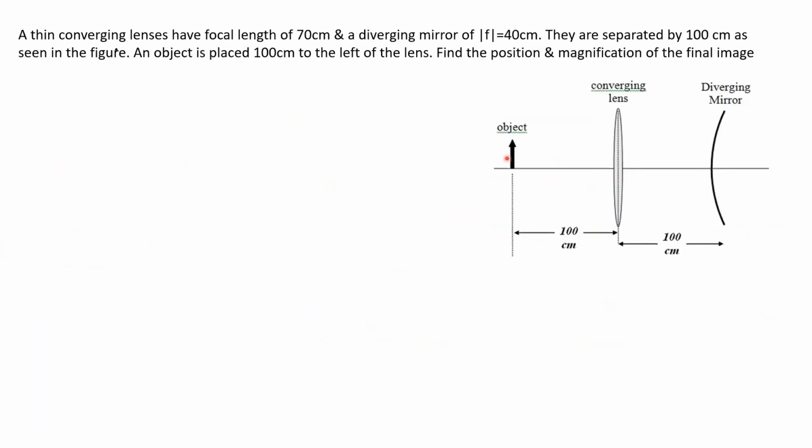So here, a thin converging lens has a focal length of 70 centimeters. So therefore this is 70, and a diverging mirror of 40 centimeters. If it's diverging, the word diverging means it's a negative value. So f is negative for this mirror.